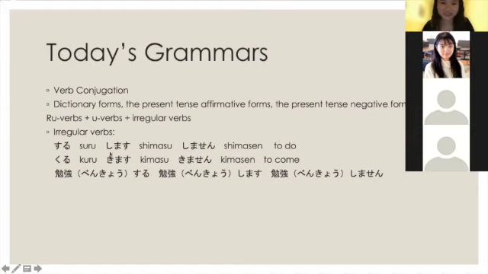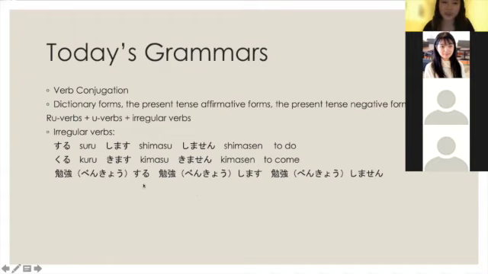I think that's pretty clear when you say suru and then you say shimasu, shimasen. You can refer to that if you don't understand. The suru, shimasu, you can actually use very often. For example, you remember benkyo, right?